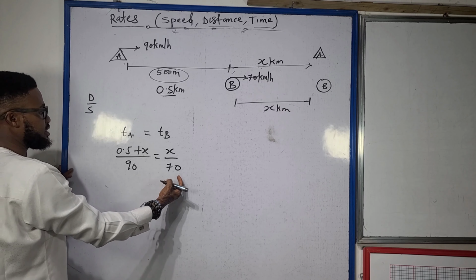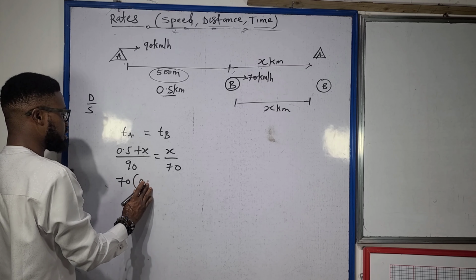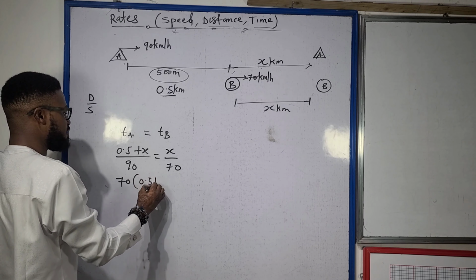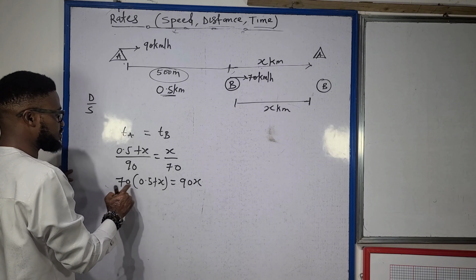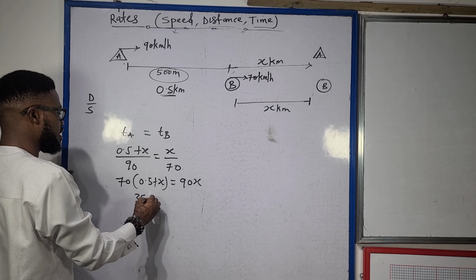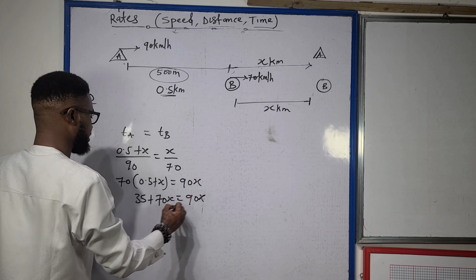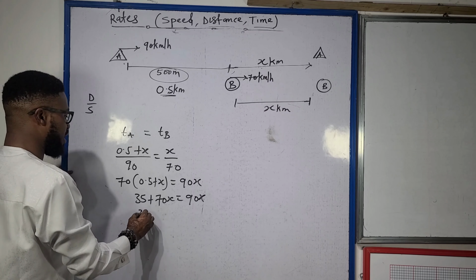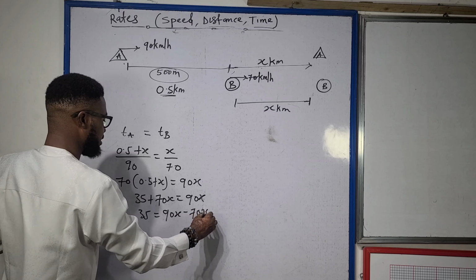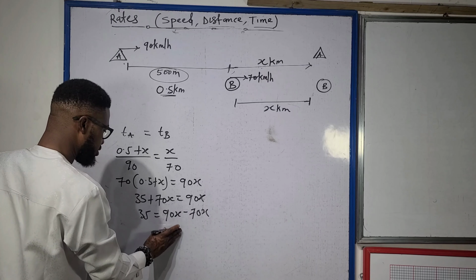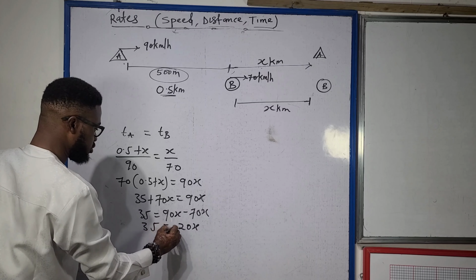So what this means is 70 into bracket 0.5 plus X equals to 90X. So that 70 times 0.5, 35 plus 70X equals to 90X. So that what this means is 35 equals to 90X minus 70X. That's 35 equals to 20X.